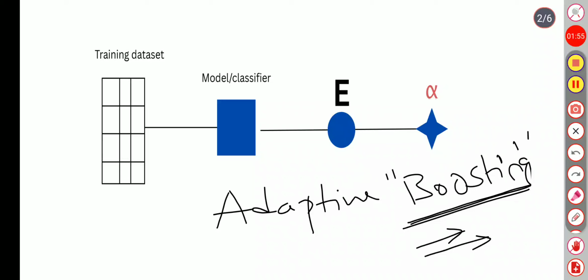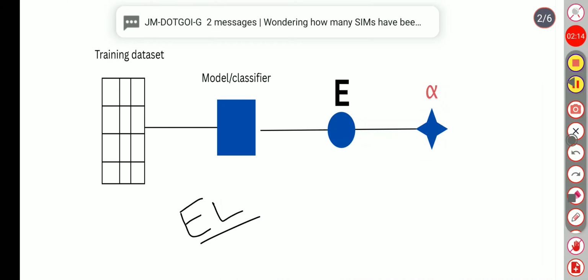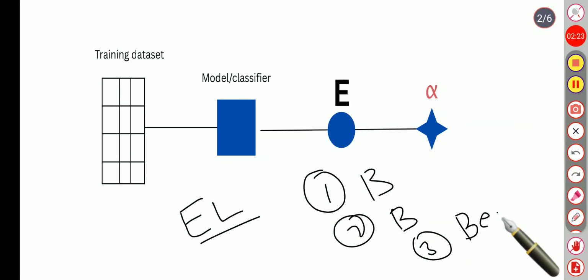This AdaBoost technique is very important for ensemble learning, because we have already seen the types of ensemble learning. There are three types: the first is boosting, the second is bagging, and the third is blending. These are all the types of ensemble learning.